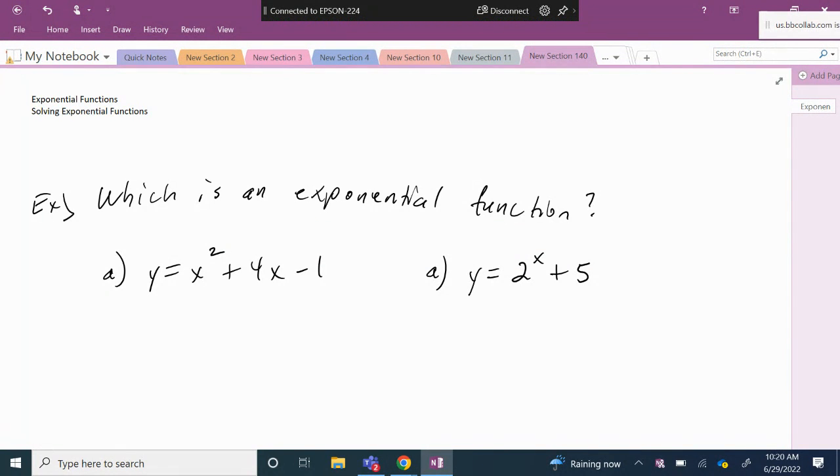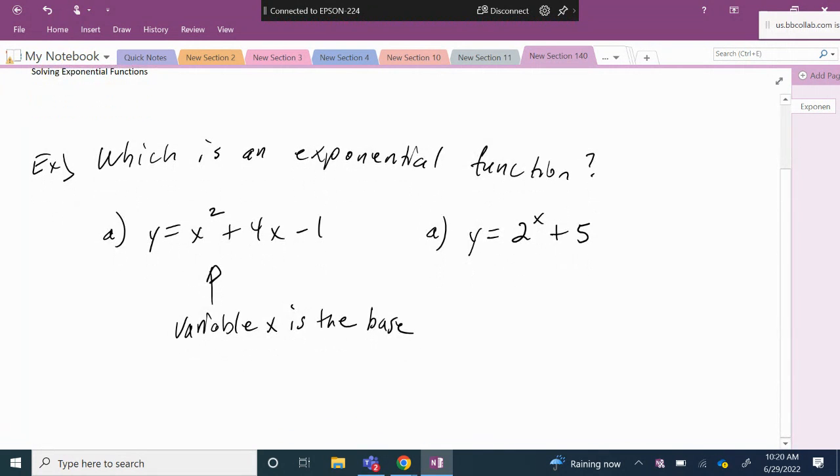And if you were asked which one of these things is an exponential function, if we take a look at a, y is equal to x squared plus 4x minus 1, notice that the variable x is the base. So if we're looking at the functions we've been looking at thus far, such as linear, quadratic, cubic, square root, rational, those kind of functions, the variable for those functions is the base.